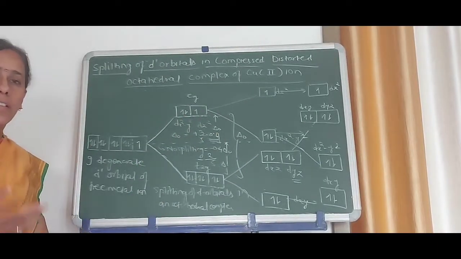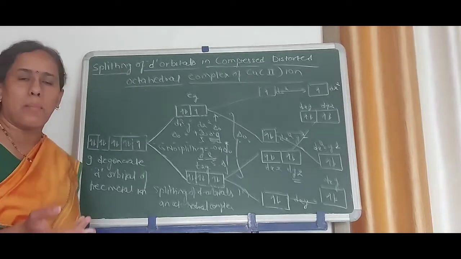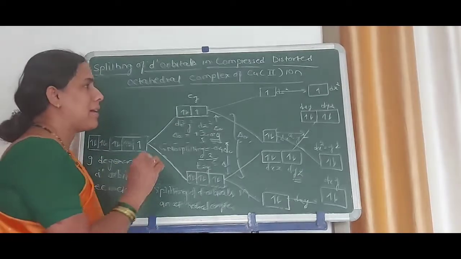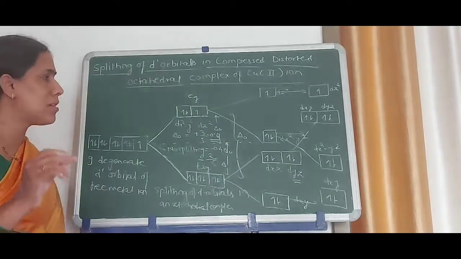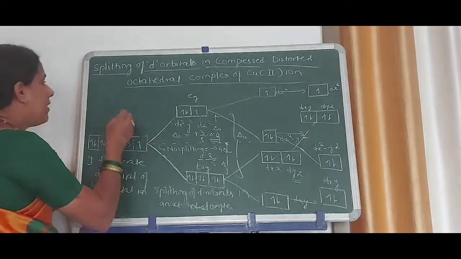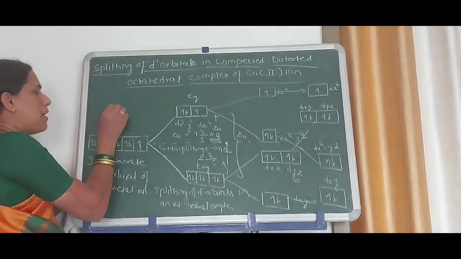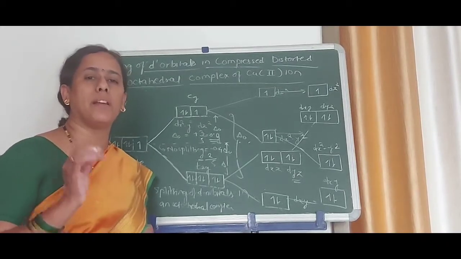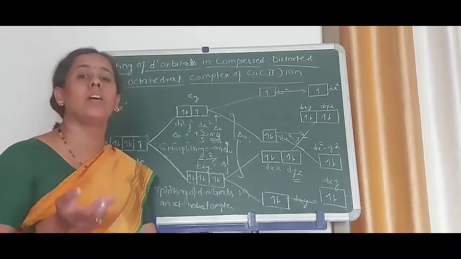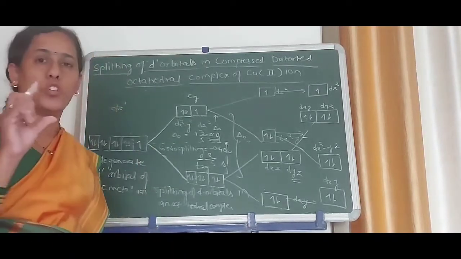When the compression mode appears in the octahedral complex, the configuration of d9 electrons is occupied in the compressed mode, with dz square having 1 electron. At that time the distance between the ligands located on the z axis is shorter.